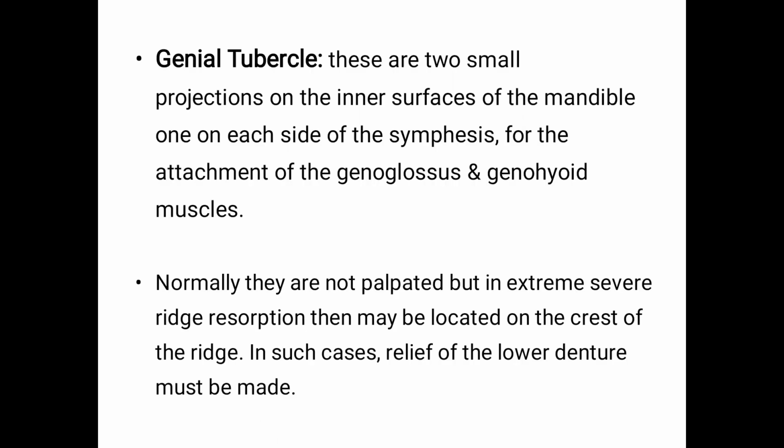It is the attachment of genioglossus and geniohyoid muscle. بتمثل الاتاشمنت بتاع الجينيوغلوسس muscle and the geniohyoid muscle. مين اسمائهم؟ genioglossus muscle من الطن لحد الجينيال tubercle، والجينيوهايويد muscle from the genial tubercle to the hyoid bone.